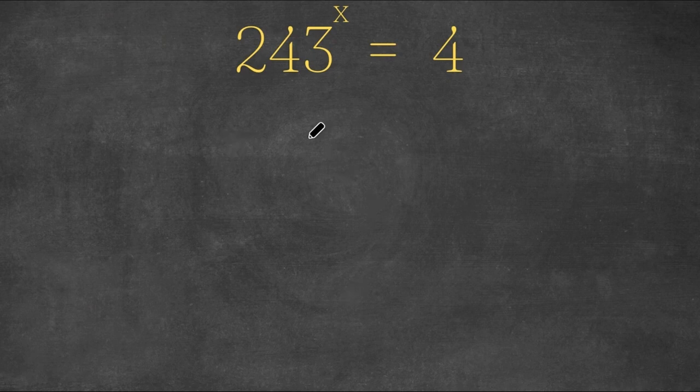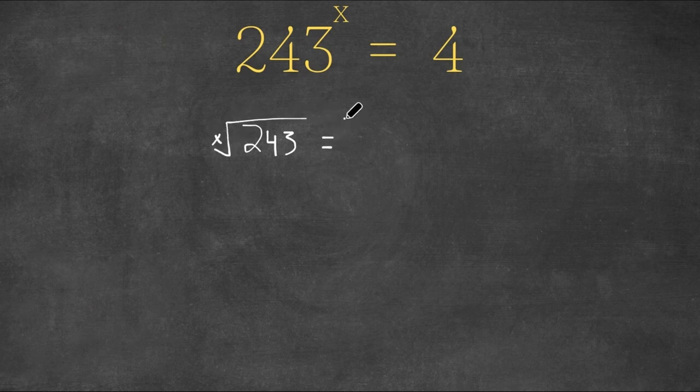All right, so our second method is, we're going to ignore the x here, and just focus on this 243. 243 to the x root equals 4.